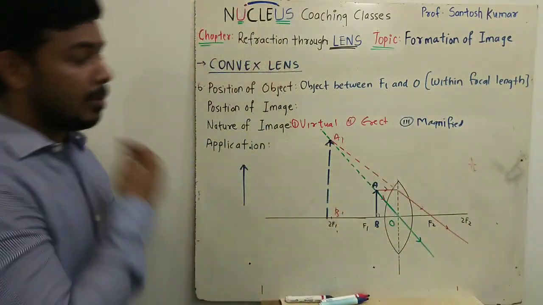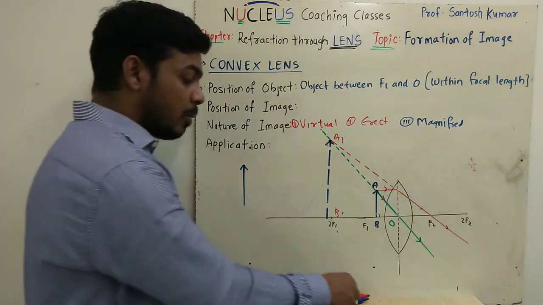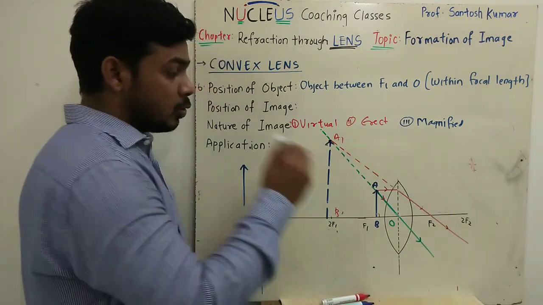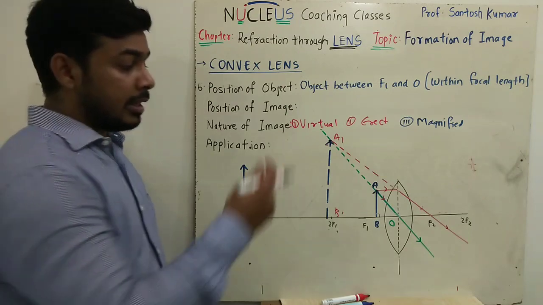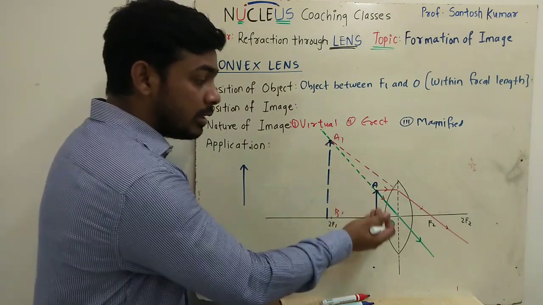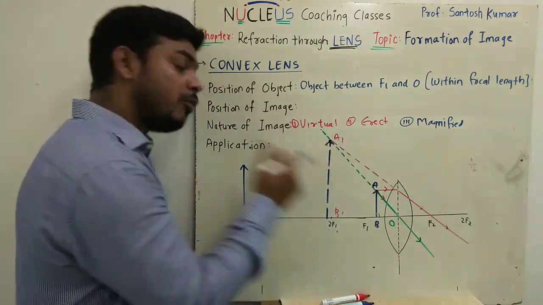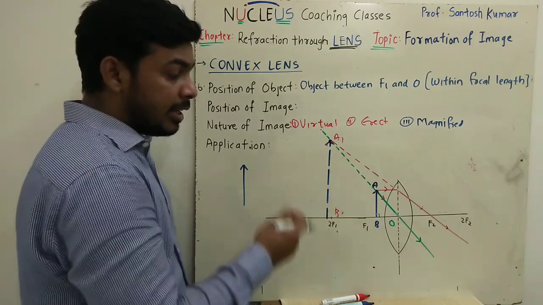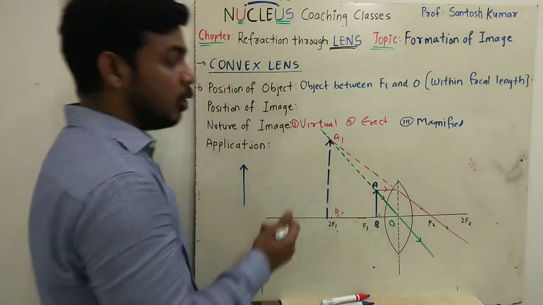Virtual, erect and magnified. And for the position of the image, we have to say the image is formed on the same side as the object, but where exactly? It is formed behind the object.